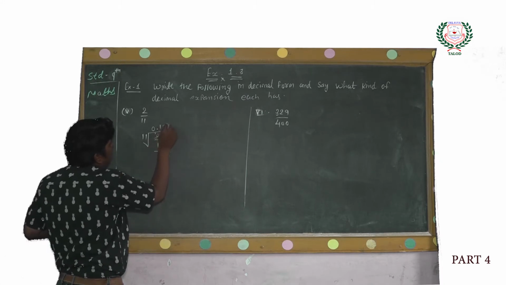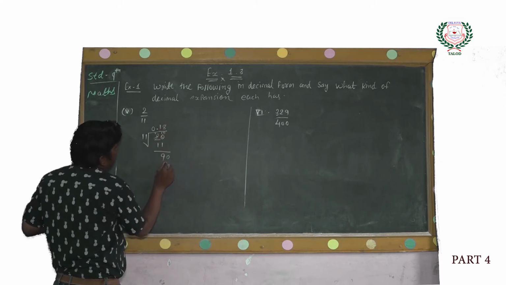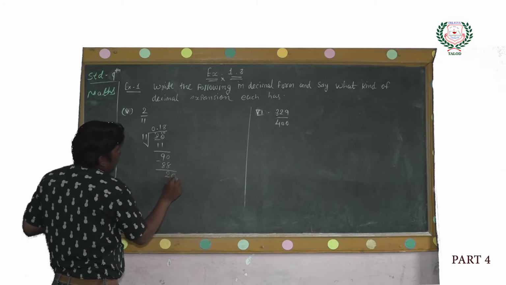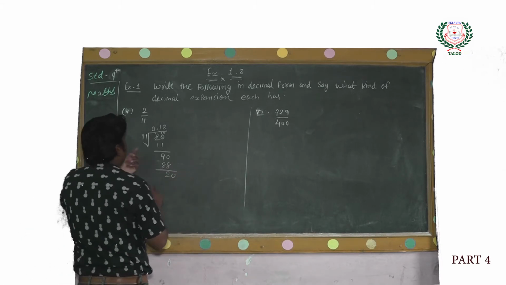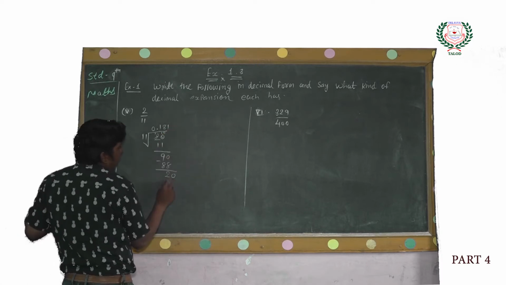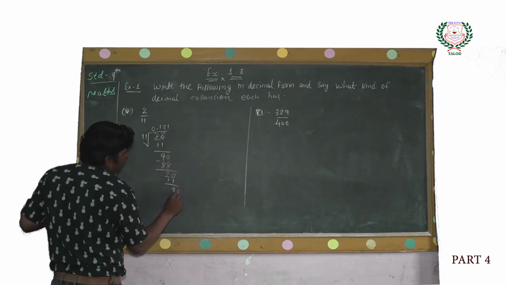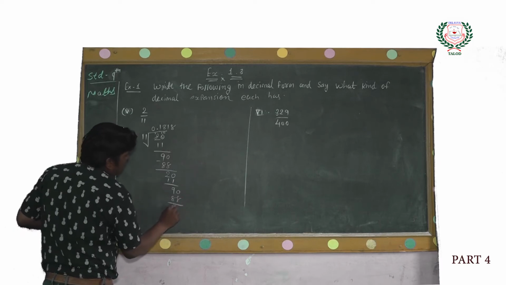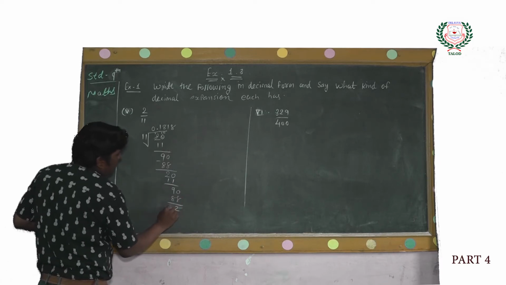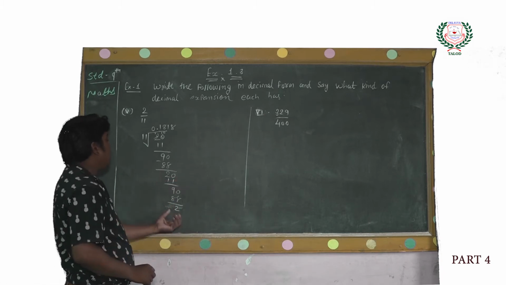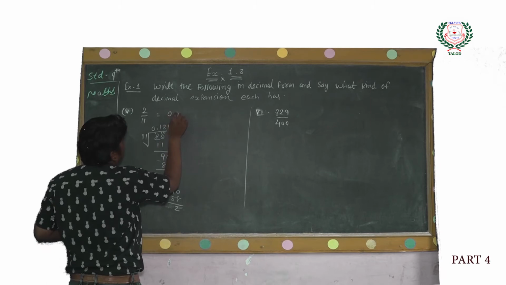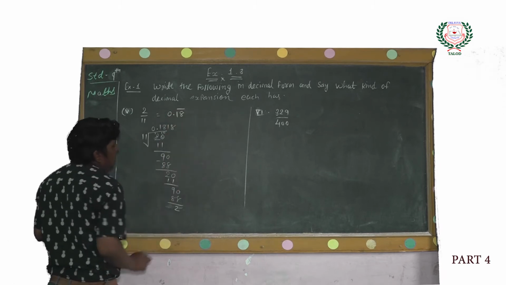So 11 eights are 88. So your answer is 2 here, and put once again 0. So what happened once again? 11 ones are 11 and 9. So 11 eights are 88. So you can see here that the remainder 2 is repeating and the answer is also repeating. So our answer you can write here as 0.18 and it is repeating.